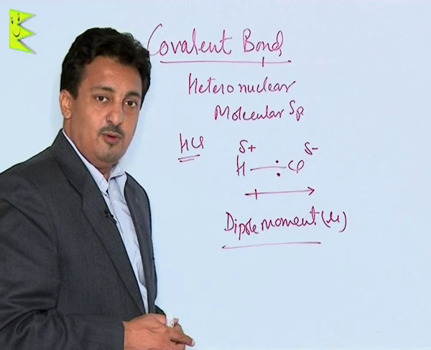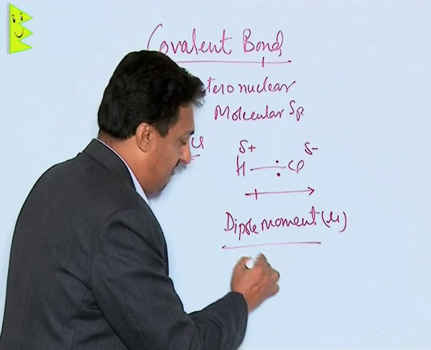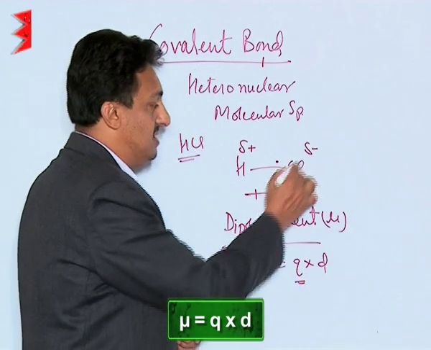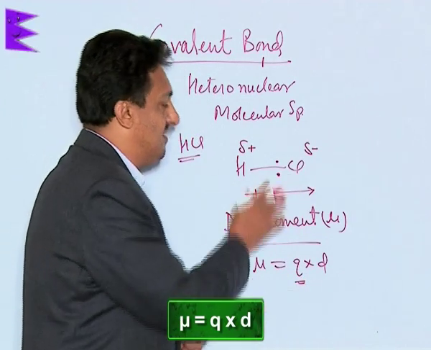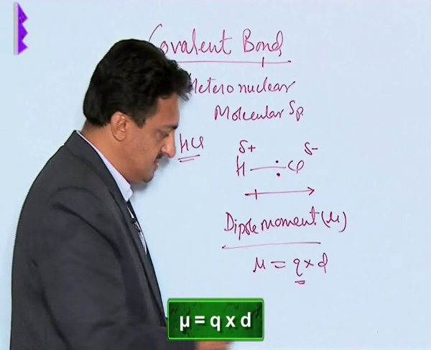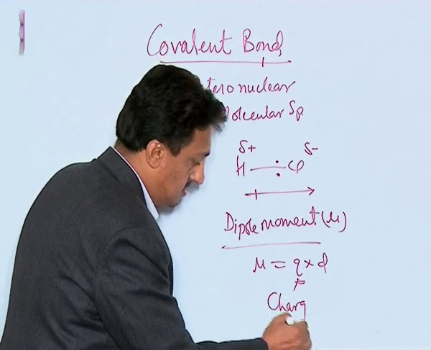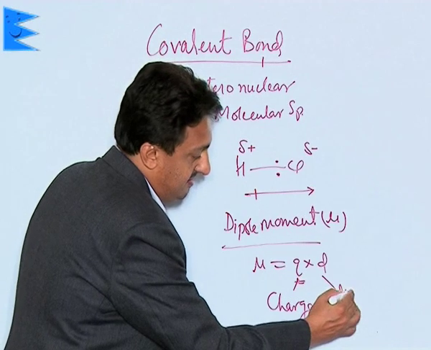Now this dipole moment is equal to the product of the charge on these atoms and the distance between them. So Q is the charge and d is the distance between them.